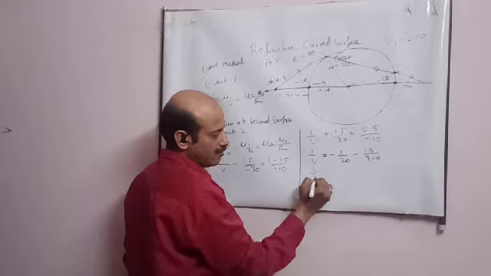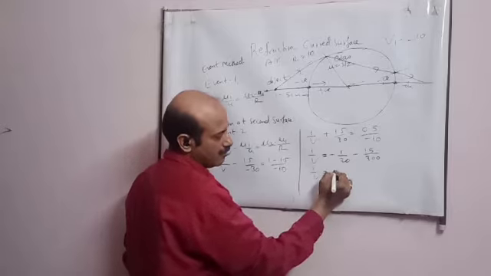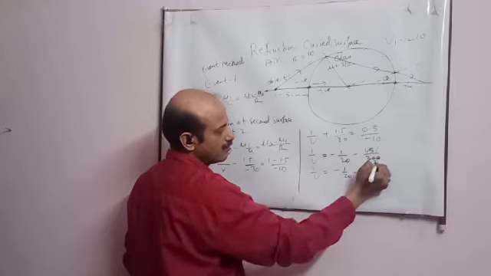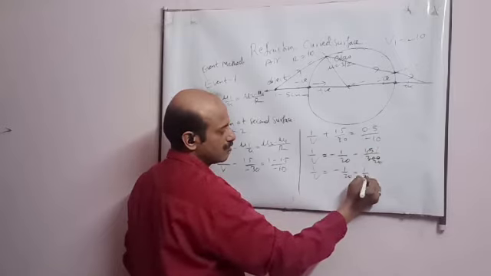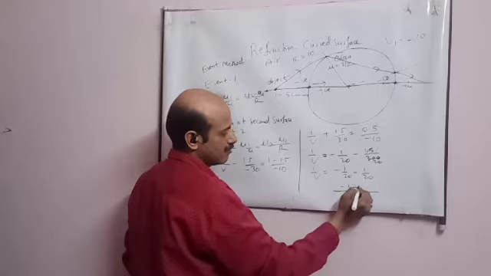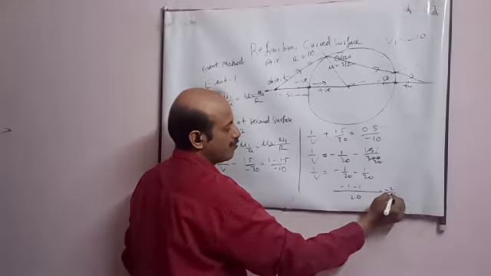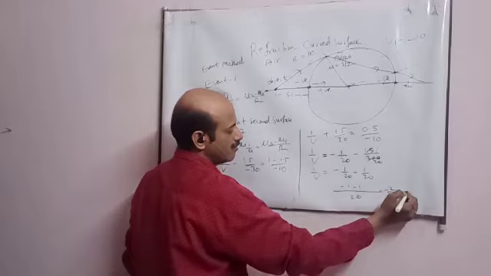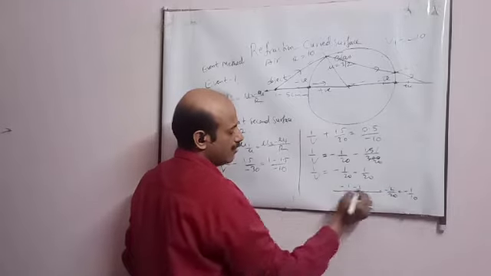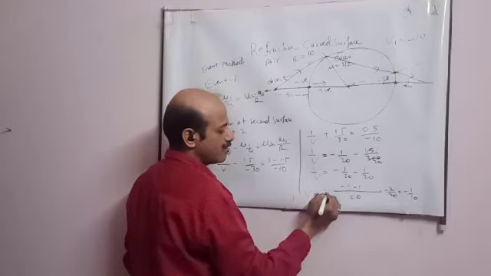Now you see, 1 upon V is equal to minus 1 by 20 minus 2 by 20. So V comes out to be minus 10, student.